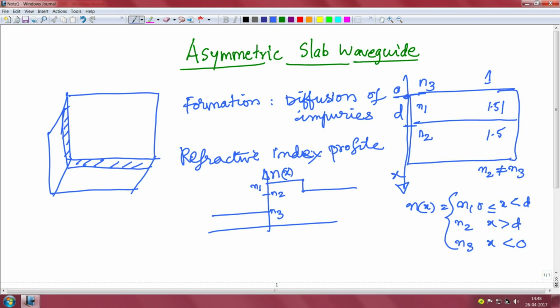It has many interesting features like the cutoff of the modes, where the light is not guided beyond a certain wavelength. The analysis is a straightforward extension of that of the symmetric slab waveguide, and we shall consider a scalar approach like what we did earlier, and solve for the modes of this structure and the expression for the propagation constant.